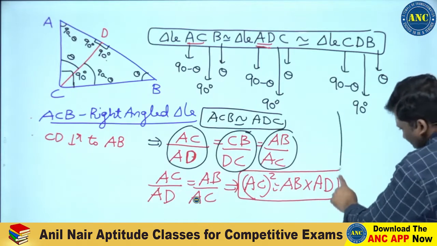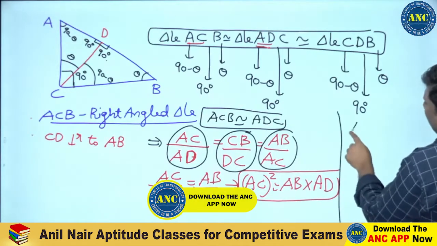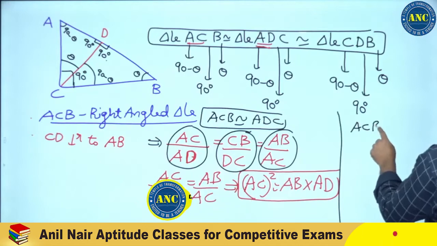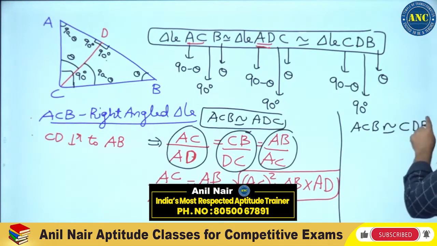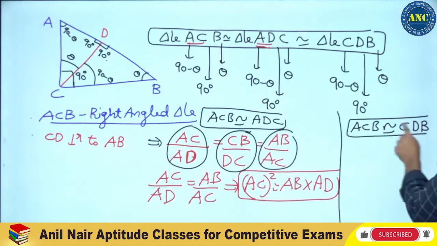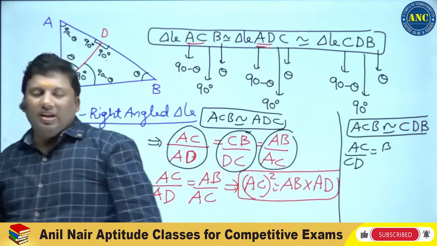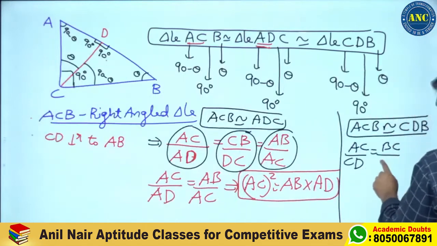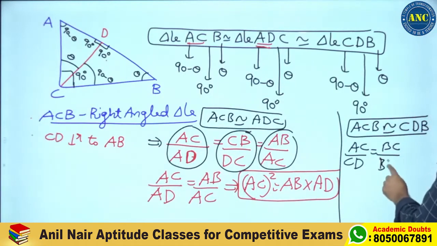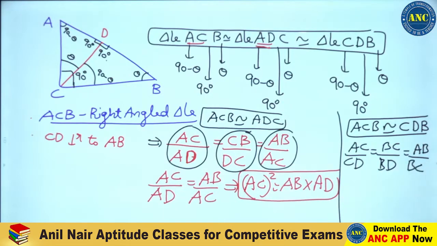The third property, ACB is similar to CDB. So if I take first two, AC by CD is equivalent to BC by BD is equivalent to AB by BC. Are you all with me?